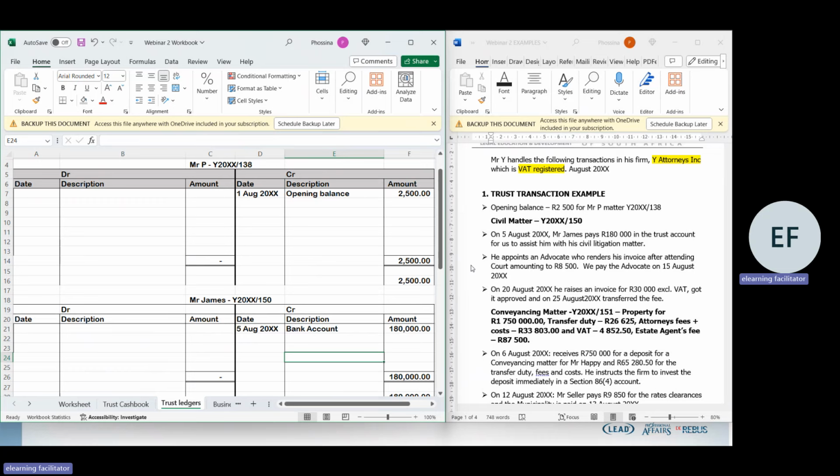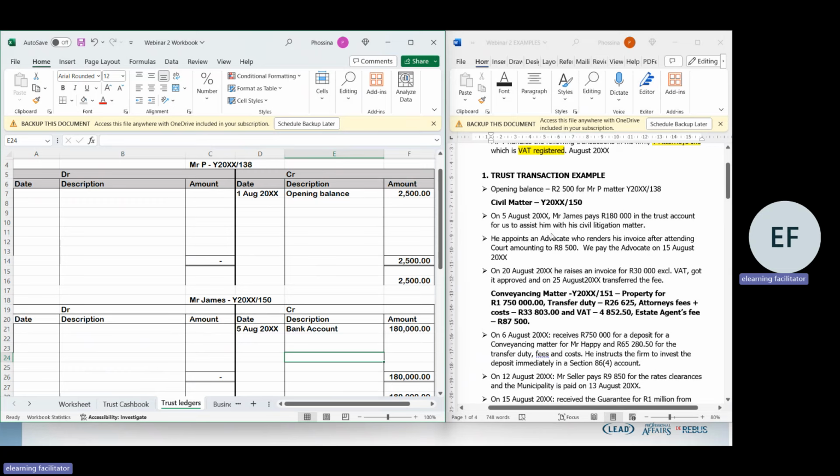But when you're using your bank account and your receipts, you can record according to chronology, because you record as things happen. But in this case, because we are giving an example, we want to give a holistic approach, so that you can see the particular matter, we track it until it is finished. Okay.